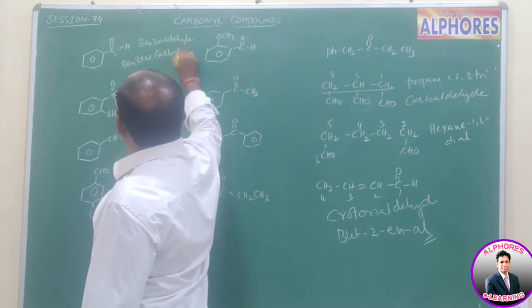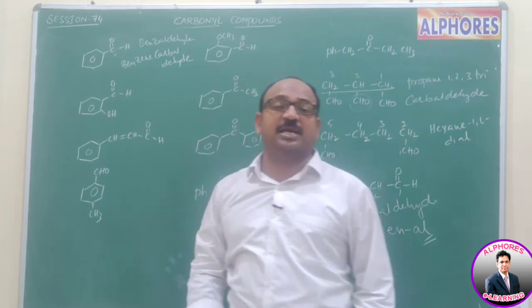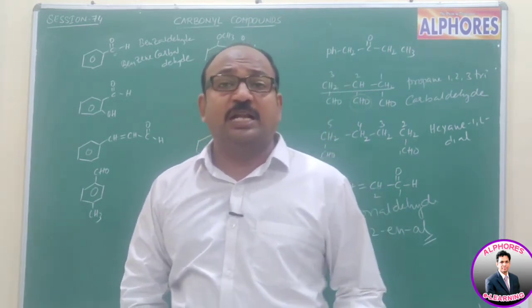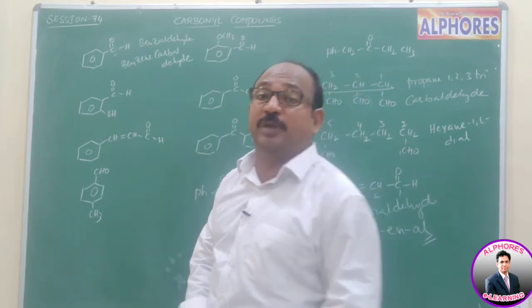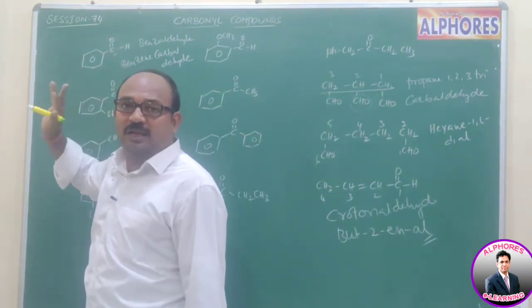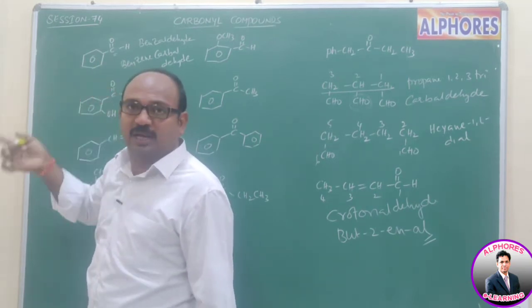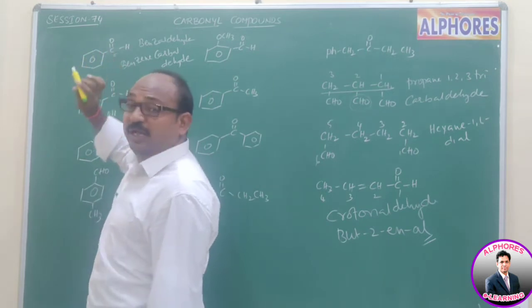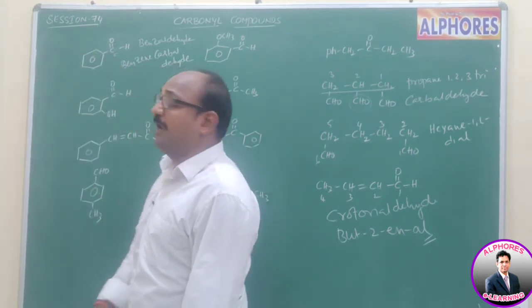It is also called phenyl methanol. Only one carbon is there, that's why methanol, just like formaldehyde is also methanol. But here a phenyl substituent is there, so phenyl methanol.